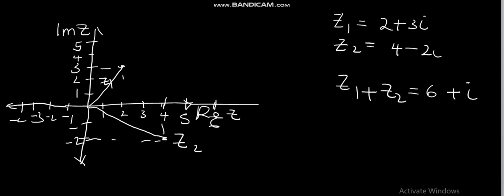Now we are having on a real plane, which is a 6, and on the imaginary plane we have it as 1. So we shall plot our z3, which is the resultant, and it is just a formation of z1 plus z2. Let me hope we've understood that Argand.